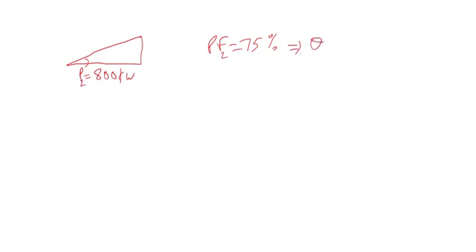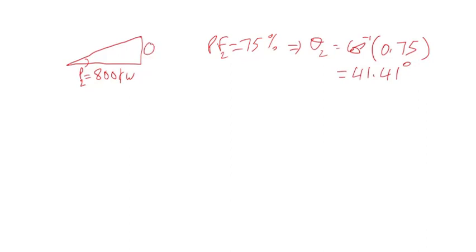So for power factor 2, theta 2 is the inverse cosine of 0.75, which is 41.41 degrees.